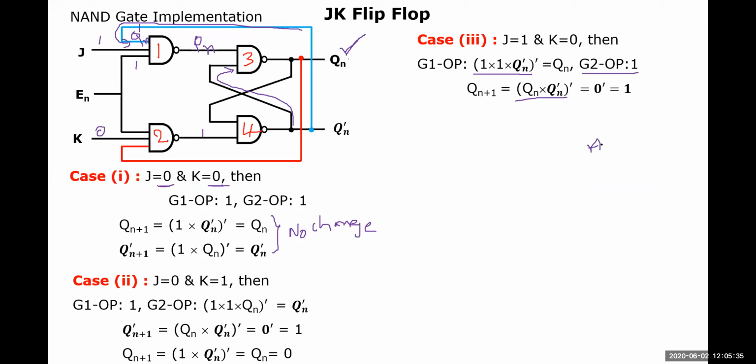So A into A complement will be equal to 0. This is the basic postulate. Therefore, Qn into Qn complement equals 0, and 0 whole complement equals 1 here. So it becomes 1 here. Then we have to evaluate the Qn plus 1 here.